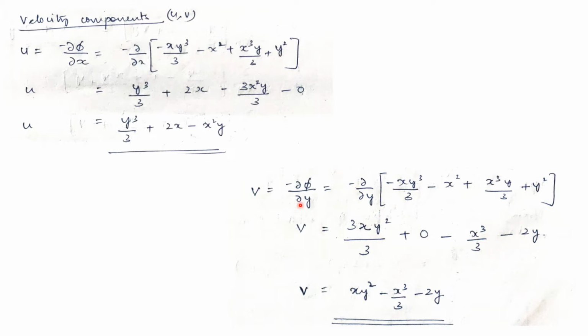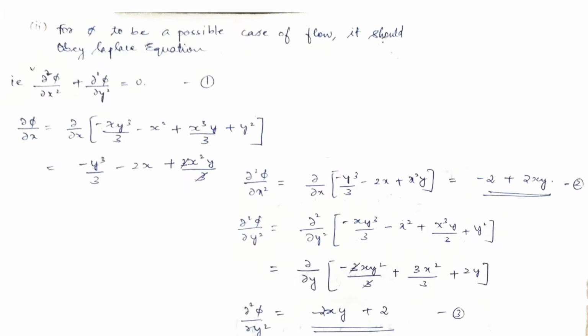That means the velocity you can represent by x y square minus x cube, that is 3 and 3 cancels, x y square minus x cube by 3 minus 2y. So you got the velocity in the x-axis, you got the velocity in the y-axis. That means the first portion of the problem is over.